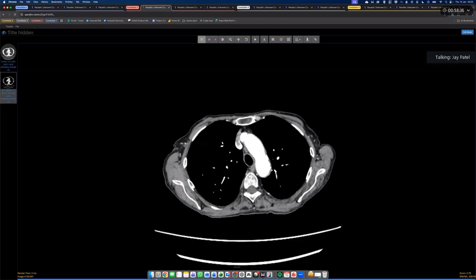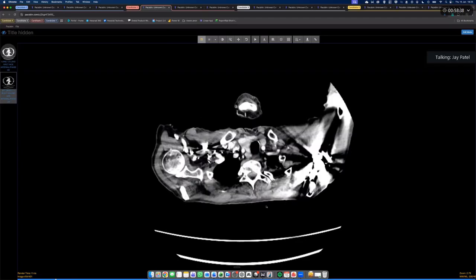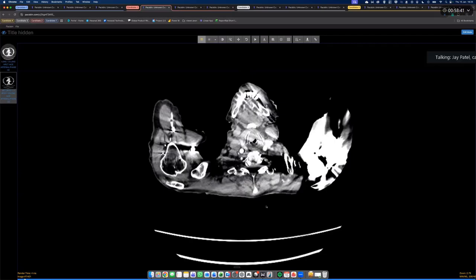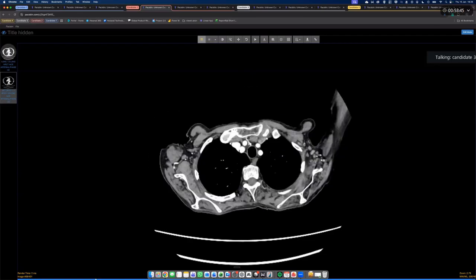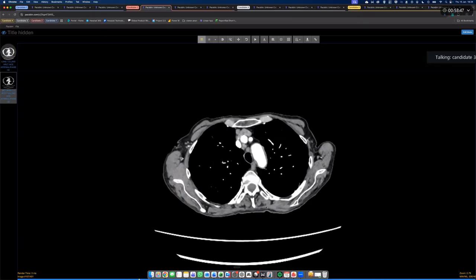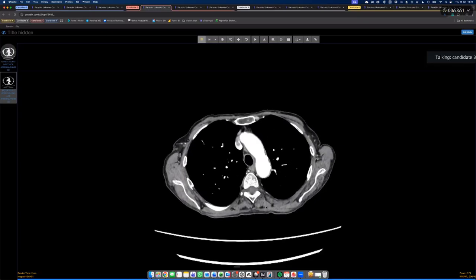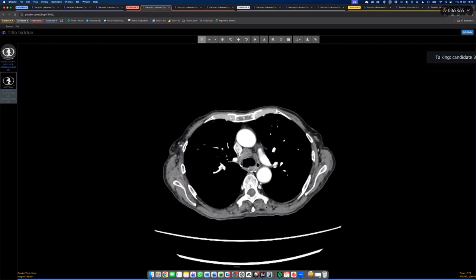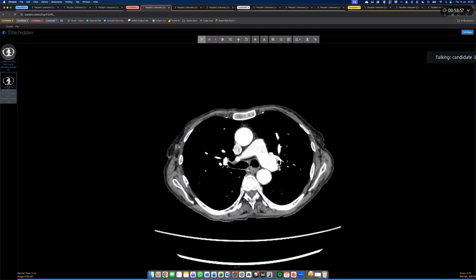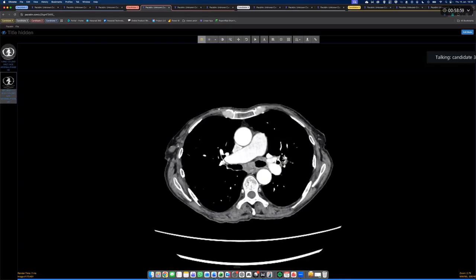I'm going to go slowly just so you can see. Talk me through what you're seeing as you see it, and tell me if you want me to stop. So I've been presented with post-contrast axial images, mediastinal window, of a patient. I would initially just go to the last cut before I start commenting.